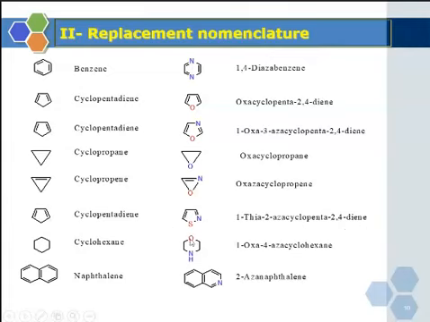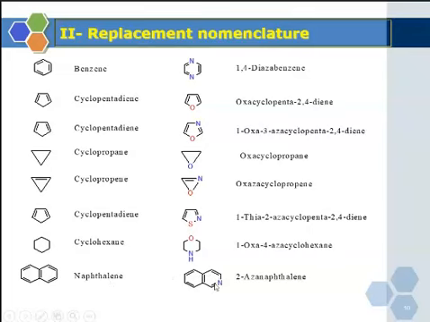Likewise, this structure, which is based on the structure of cyclohexane, is called 1-oxa, 4-aza. The structure is cyclohexane. Hence 1-oxa, 4-aza, cyclohexane. This is based on the structure of naphthalene.